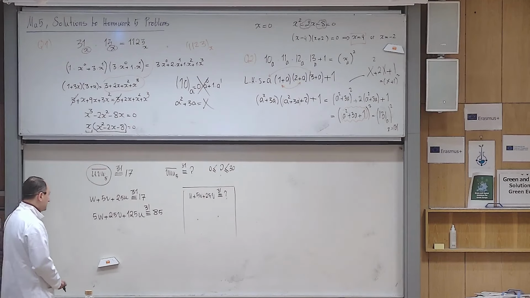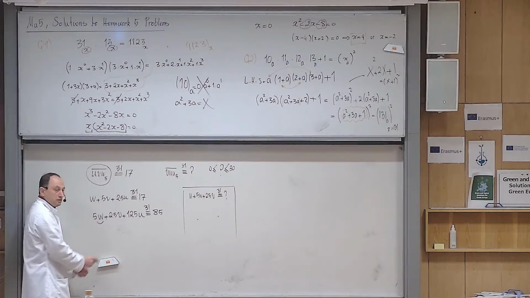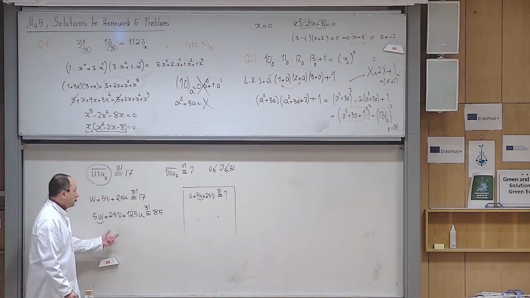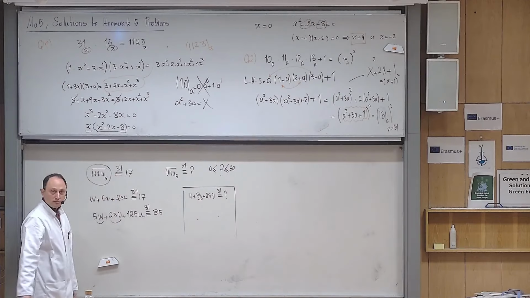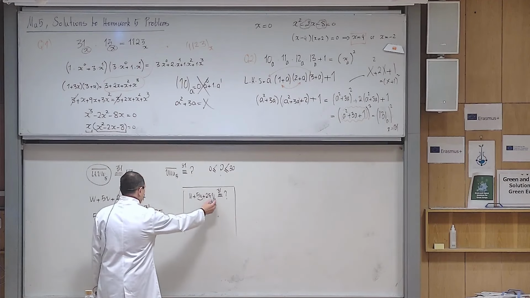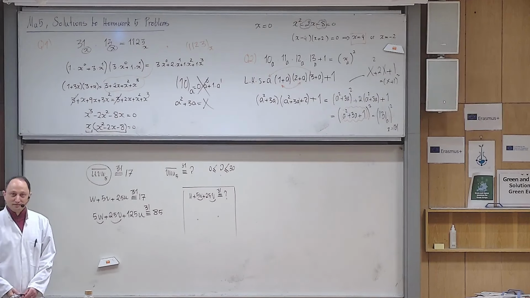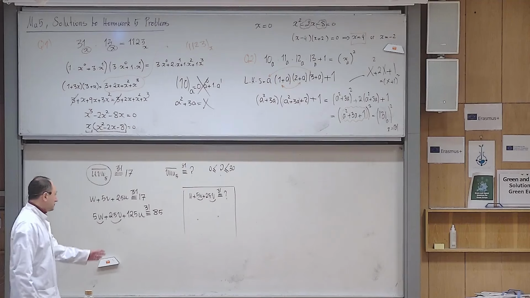First of all, this coefficient is good. That's exactly what I want. Another one is exactly what I want. Yes? But I have one problem, and that is no longer a problem. Why? 125 is 1.